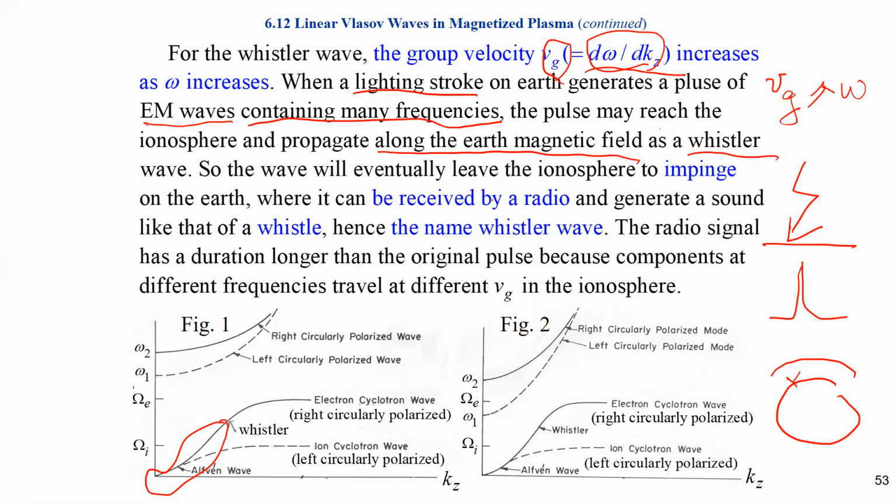The wave will eventually leave the ionosphere to impinge on Earth, where it can be received via radio to generate a sound like a whistle. Low frequencies travel slower, high frequencies travel faster. Hence the signal that was originally a delta function gets stretched, so it sounds like a whistle.